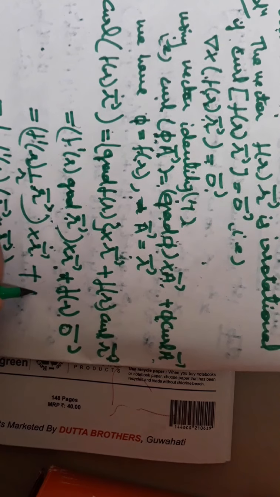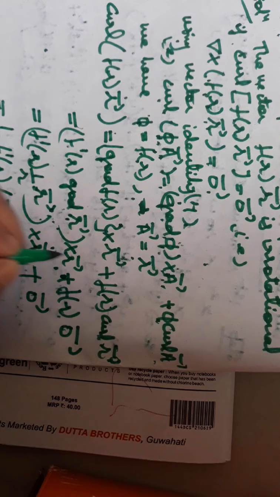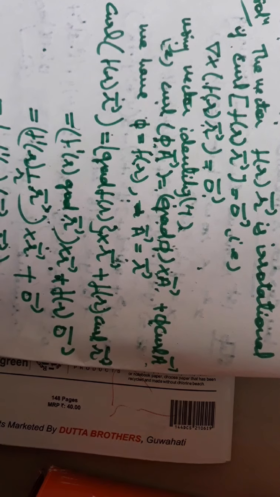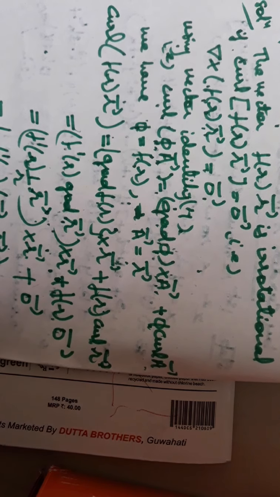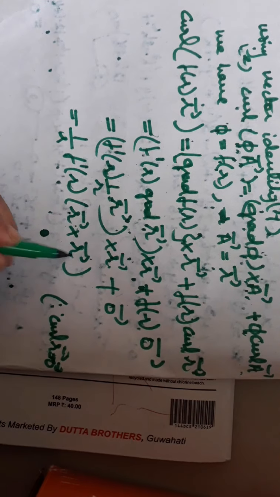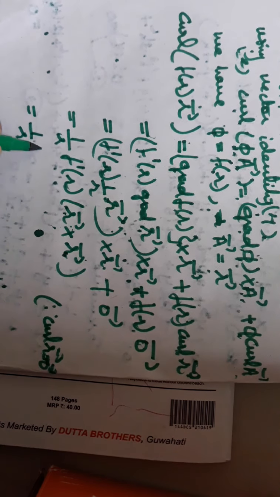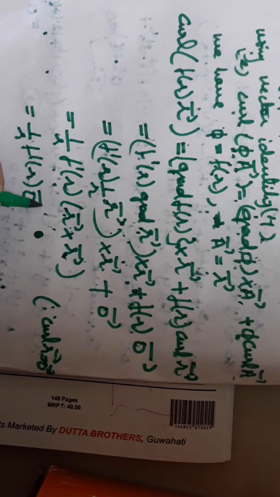So you just apply the cross product on these two vectors, that is r bar cross r bar. Since curl of r bar is equal to 0 vector, this whole term is 0. But now in case of the cross product of the same vectors, r bar cross r bar, this is again equal to 0, so 1 by r into f prime of r into 0 vector.